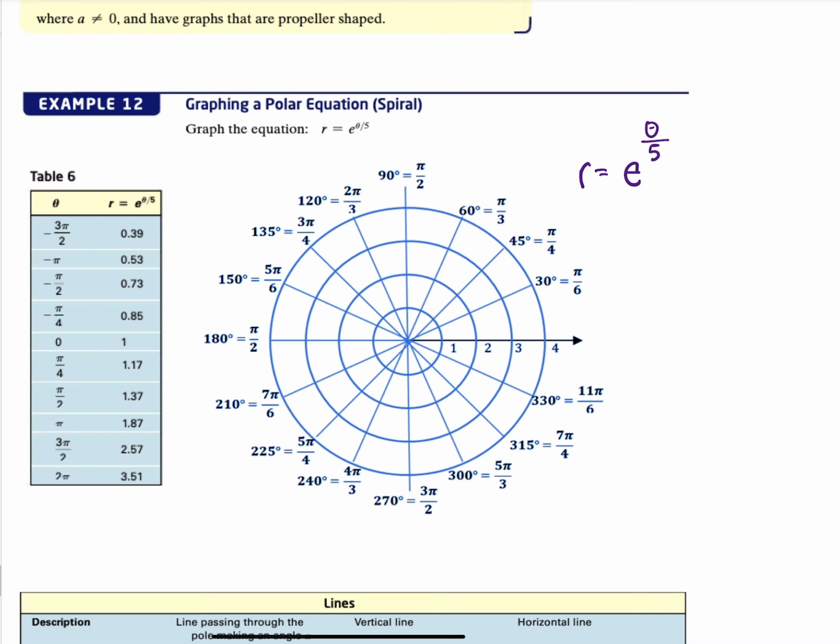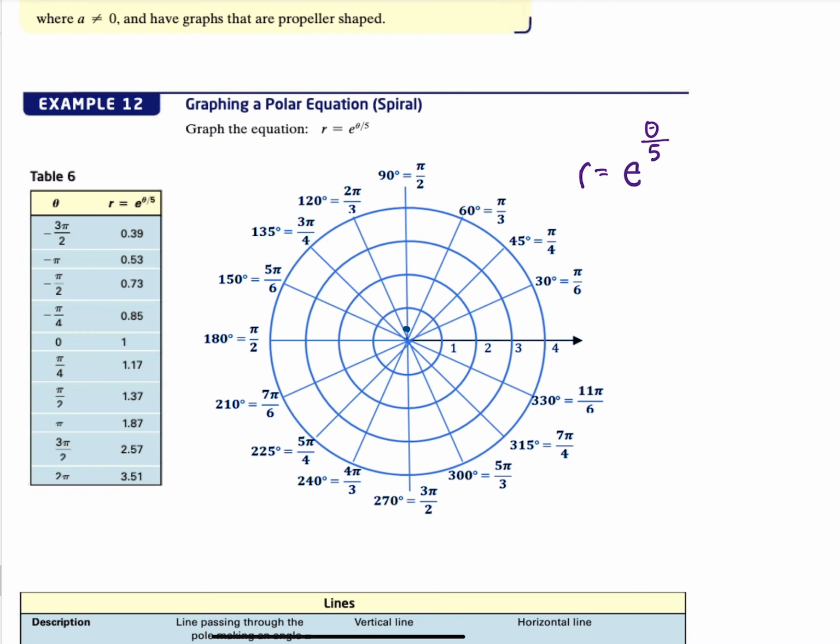They start with the angle negative 3 pi over 2. 3 pi over 2 is over here, so negative 3 pi over 2 would be coterminal with pi over 2. And then we have the r value of 0.39, so something like that.